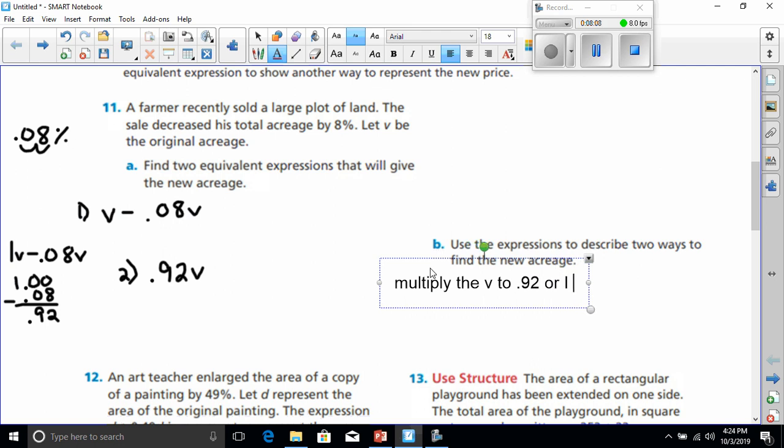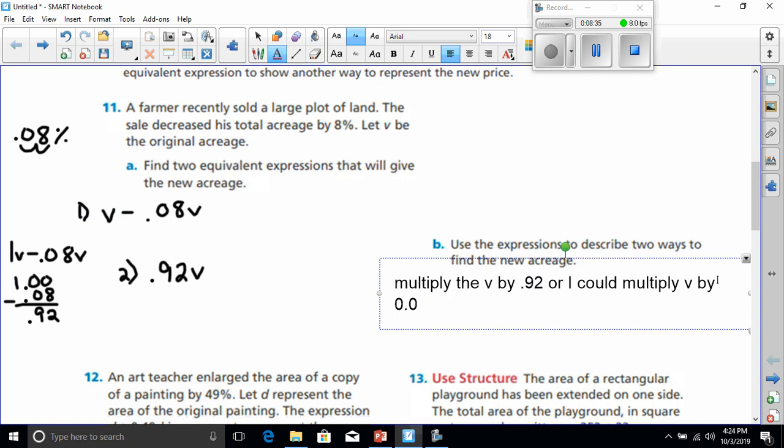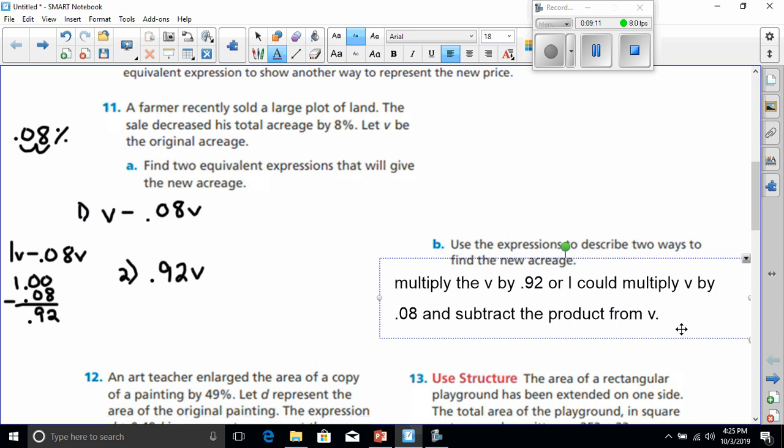Or I could multiply V by 0.08 and subtract the product from V, the product being the answer to the multiplication problem, V times 0.08. All right? And that would be my answer.